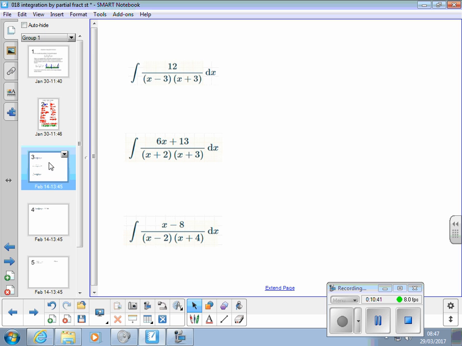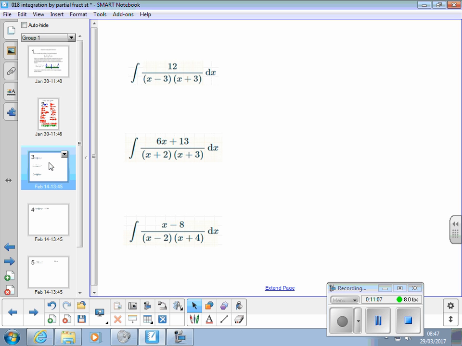Okay, so what we're going to do now, and we'll do the first one together, because in that first example I gave you the partial fractions. So now we're going to join together what we learned last week with what we're trying to learn this week. I've put these on separate pages in your notes, so you've got room to do working as well.